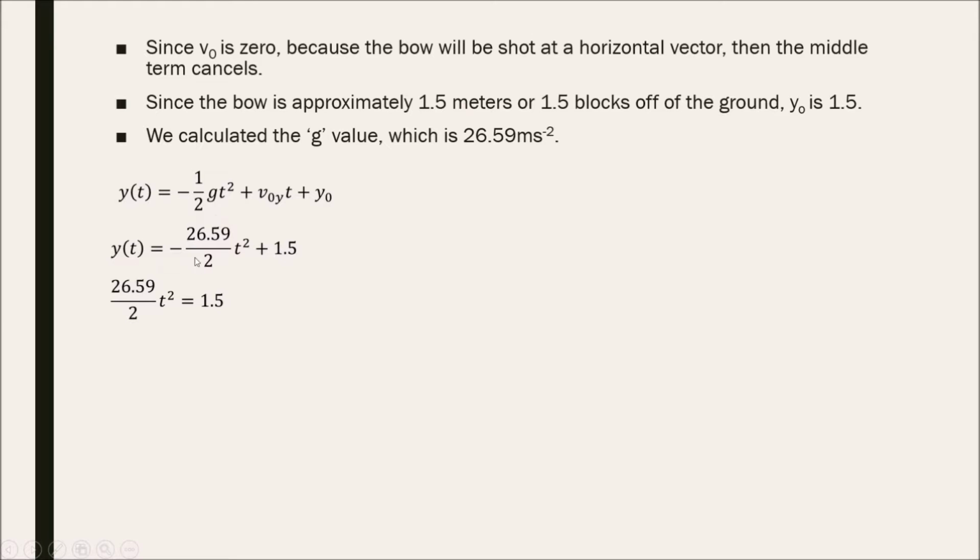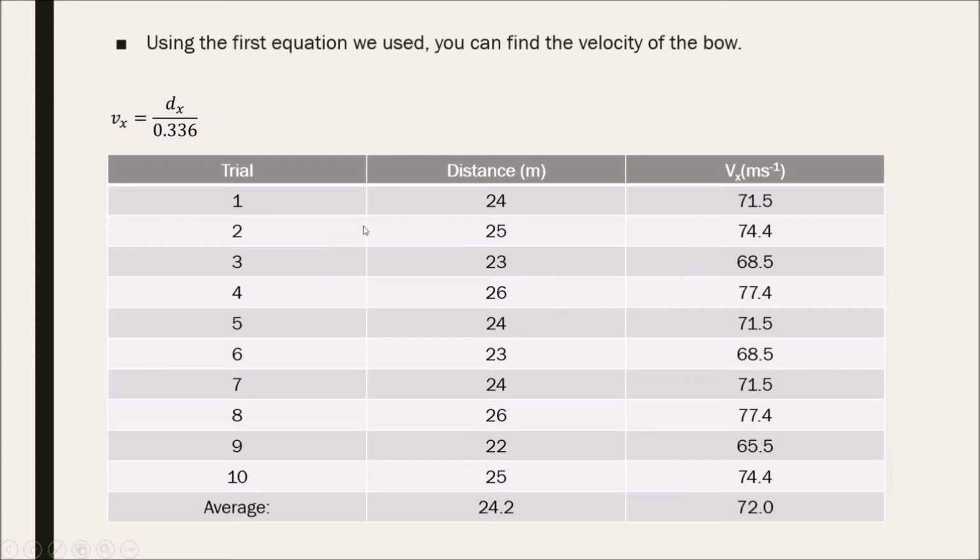We add this term to the other side, and then we divide by that term. We just solve for t basically, and then we get 0.336 seconds, which is the time it takes an arrow with this g value to fall 1.5 meters.